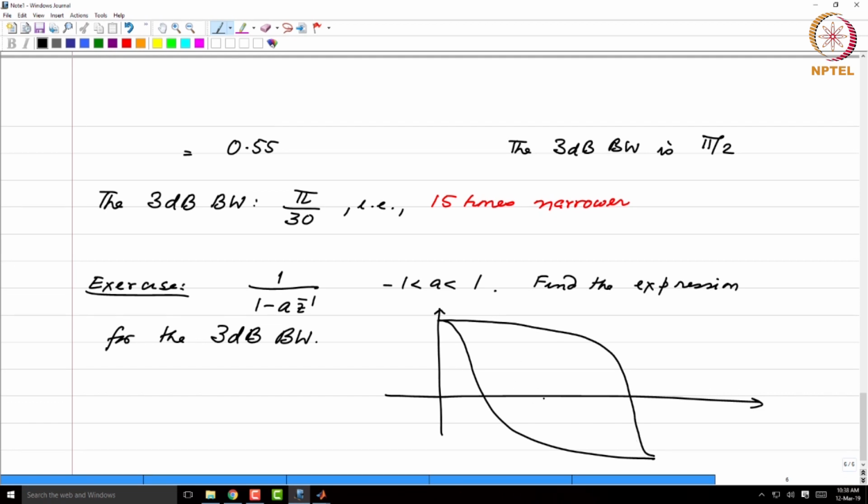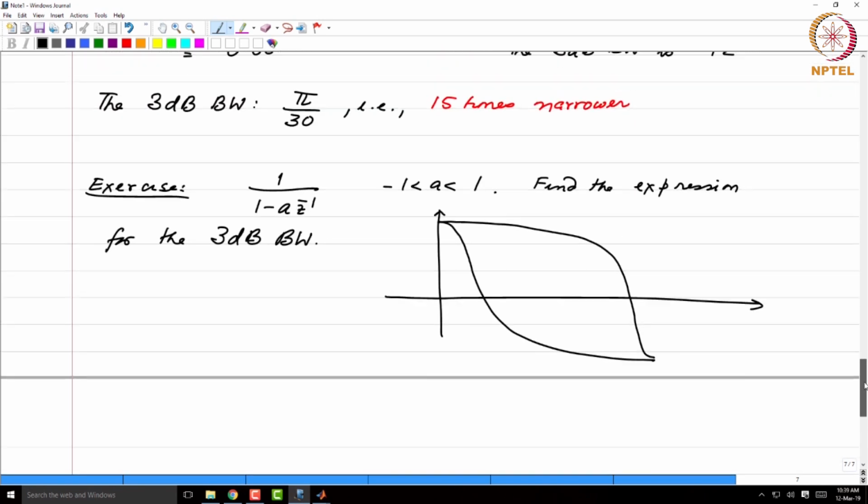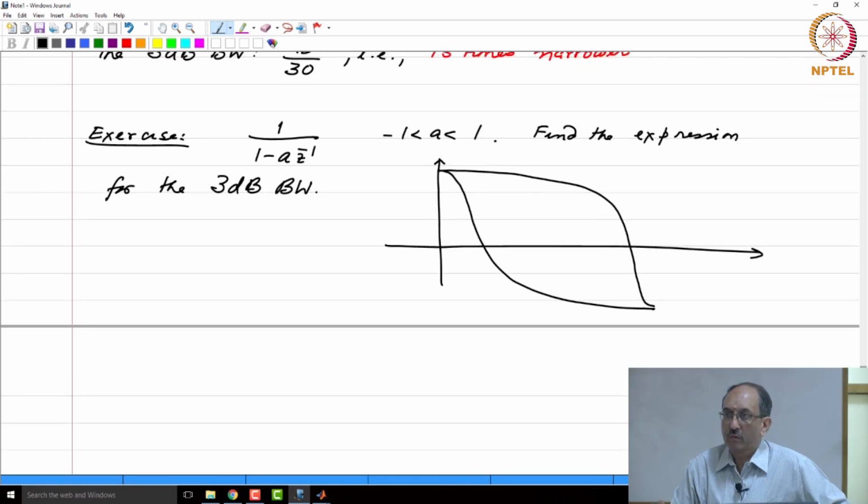And clearly you can see the difference in the bandwidth. So, this example shows you that in general poles tend to give you sharp peaks, and that is why when you want to shape the frequency response, if you have poles also to play with, that is if you are considering systems that have both poles and zeros, then you can get very sharp transition from passband to stopband using poles.